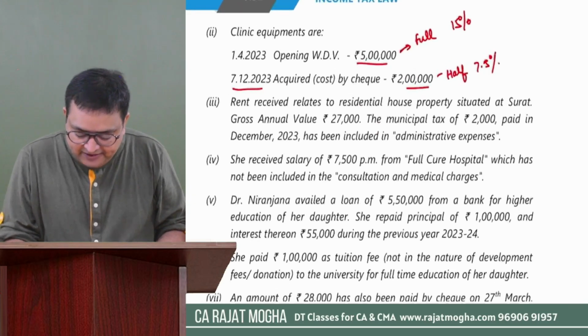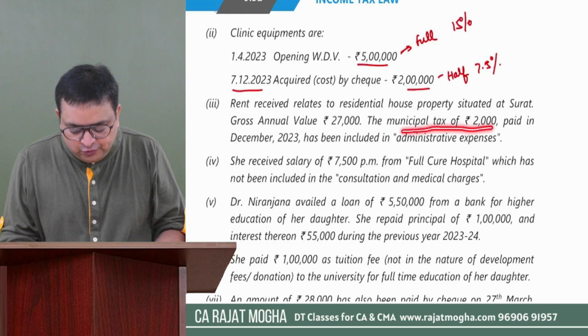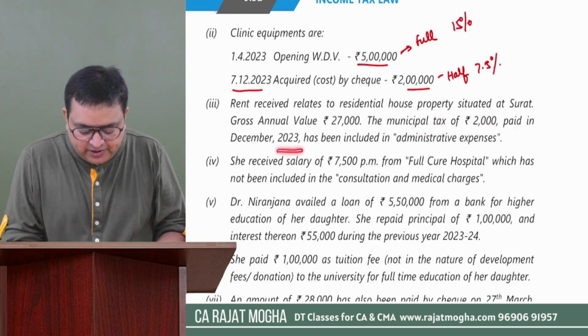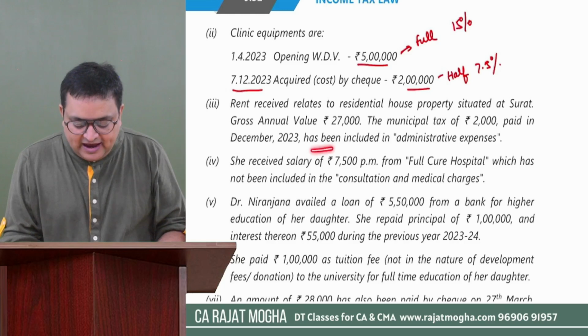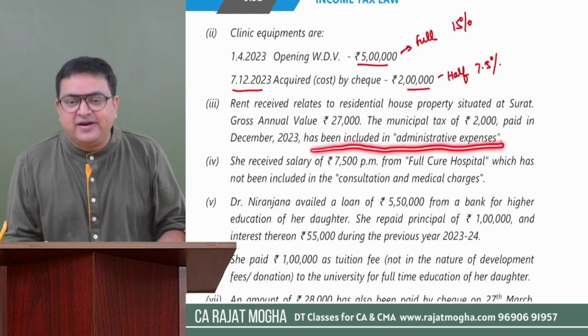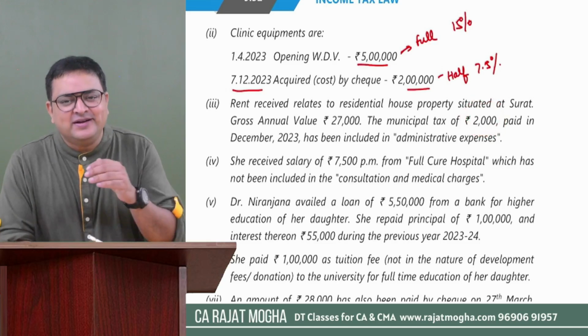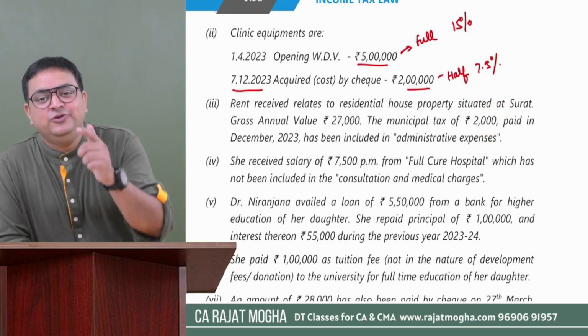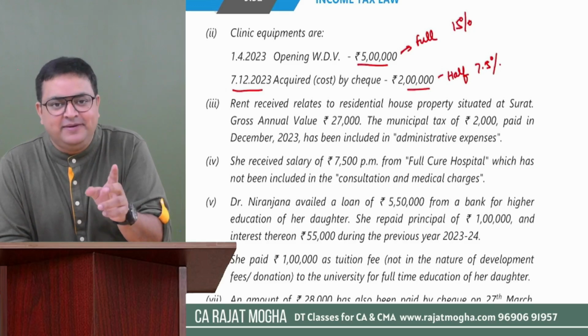Okay, but if you read it properly, they have mentioned that the municipal tax of 2,000 paid in December 2023 has been included in administrative expenses. Very important. What they are saying is that 2,000 is a house property expense and you have taken it in administrative expenses. It is not a PGBP expense, correct?